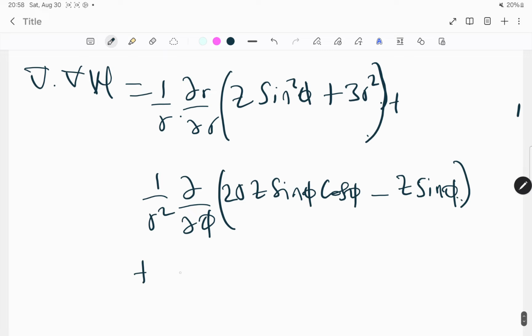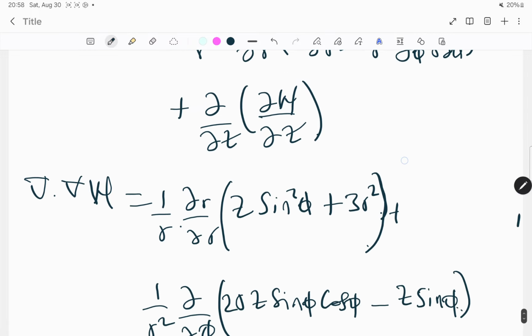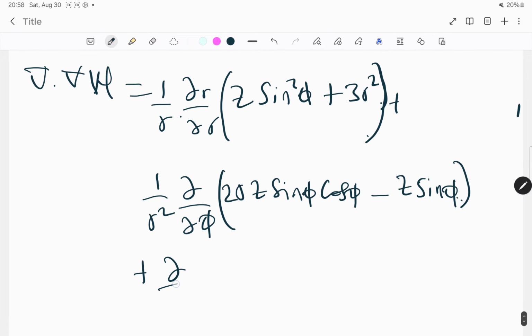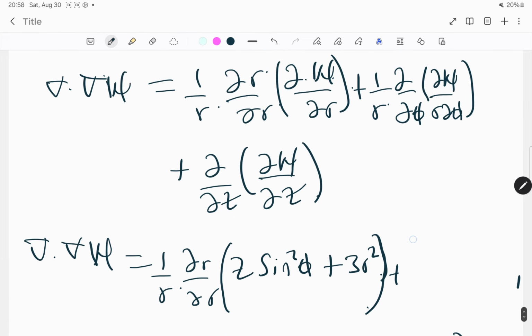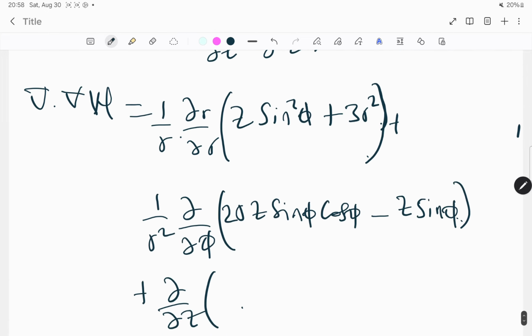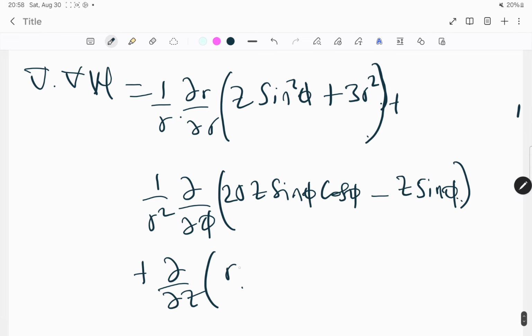Then I can bring plus. So this one we are differentiating with respect to z first, the scalar function with respect to z. And when we do that, I'll get here r sine squared phi.